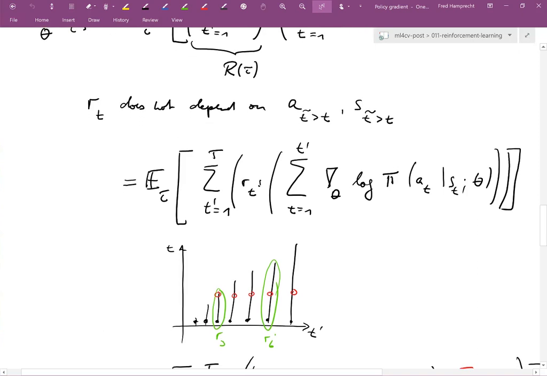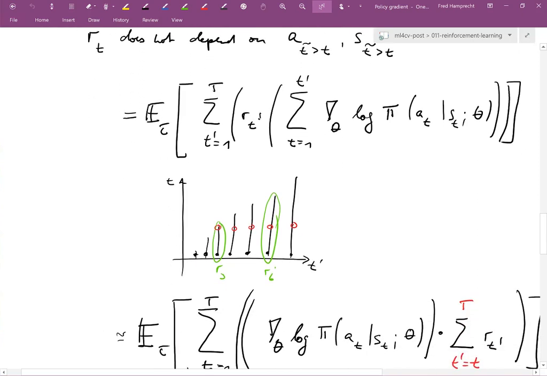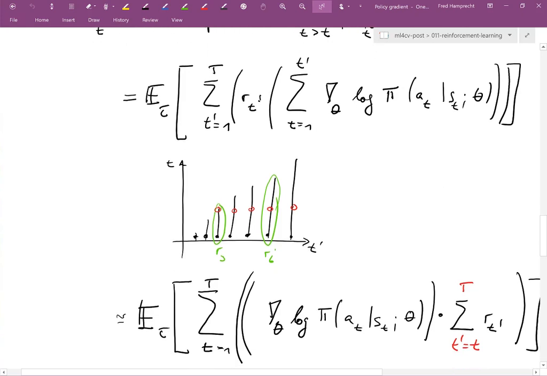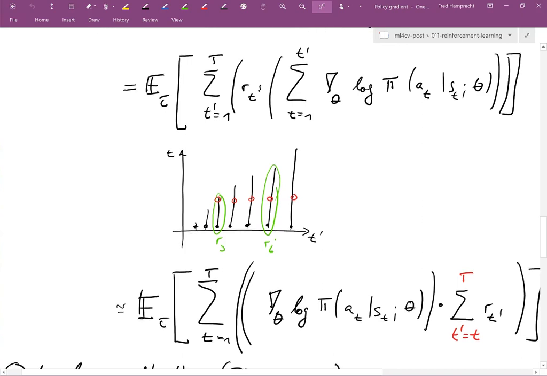And vice versa, the terms, for example, the terms marked here in red, they're always the same, no matter which the reward. So what we can do is we can take these terms and multiply them with the respective rewards that are valid at time t prime.